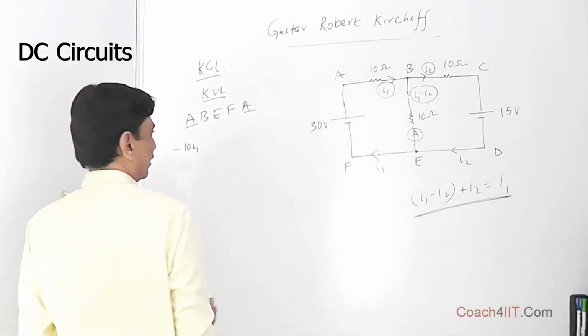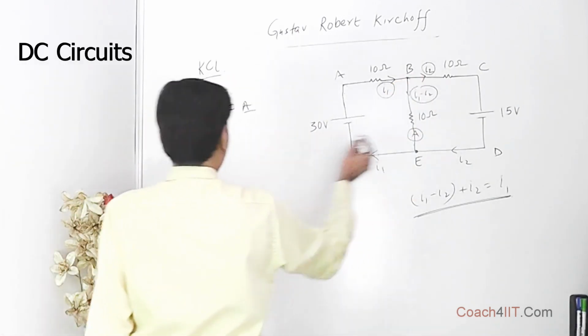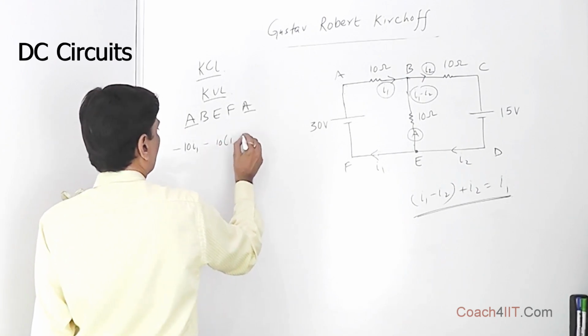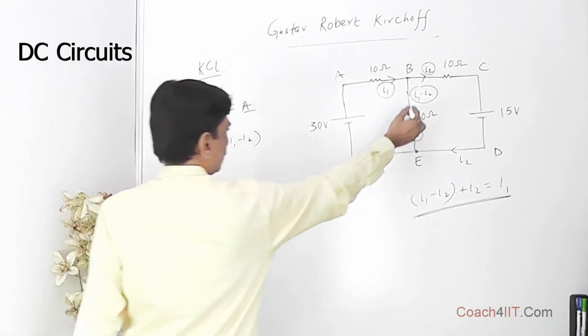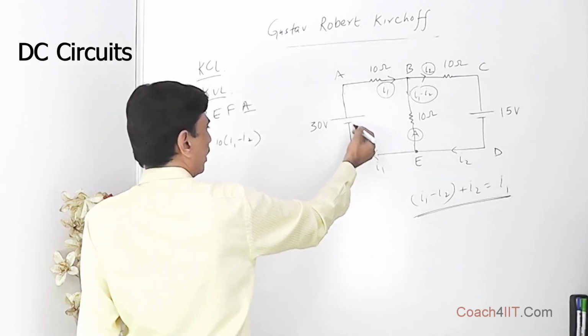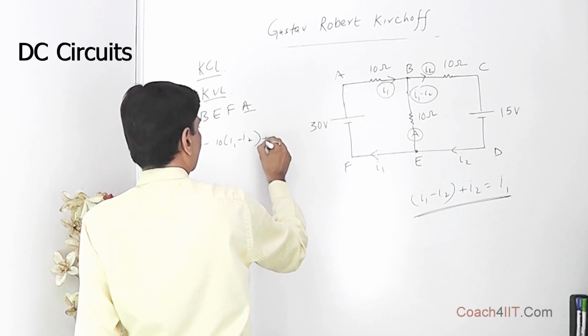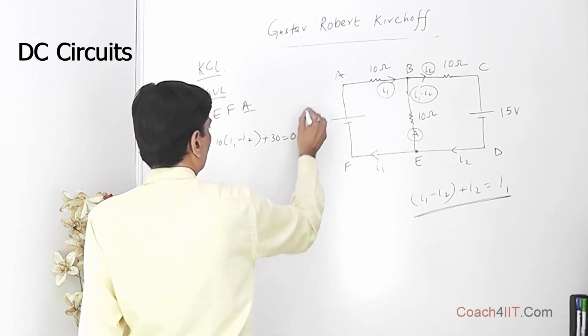Loss is minus 10I. For this, once again, there is a loss, so it is minus 10 into I1 minus I2. We come over here. Now we are moving from negative to positive terminal, so there is a gain of potential, that is plus 30, equal to 0.